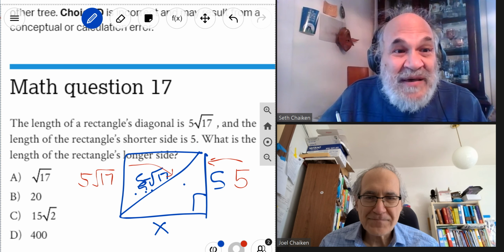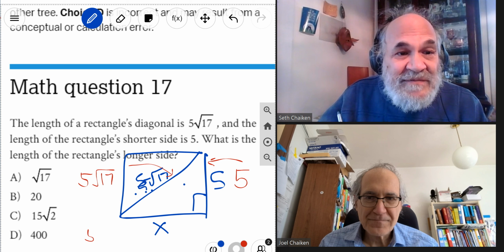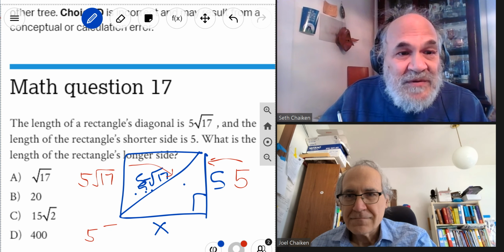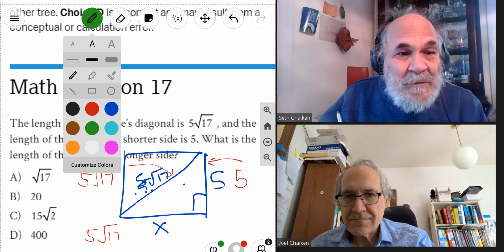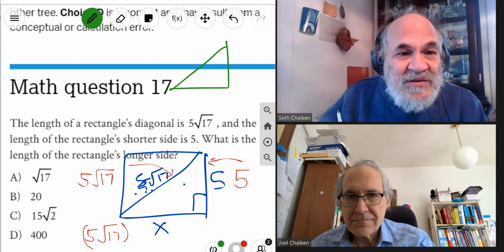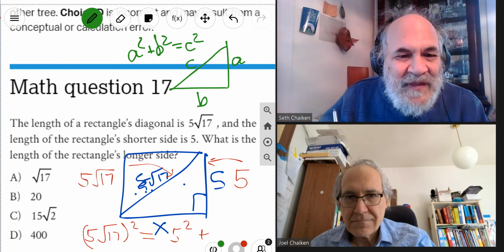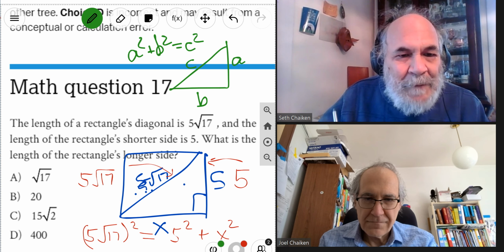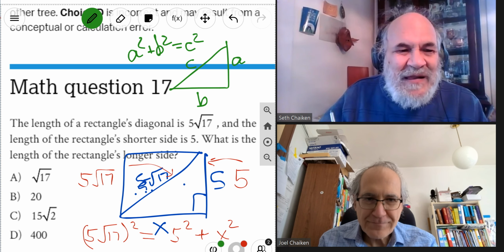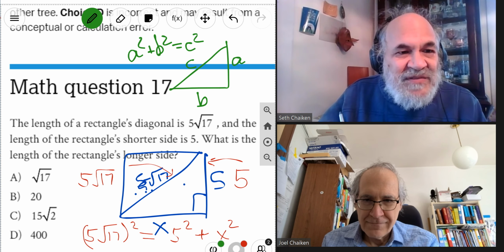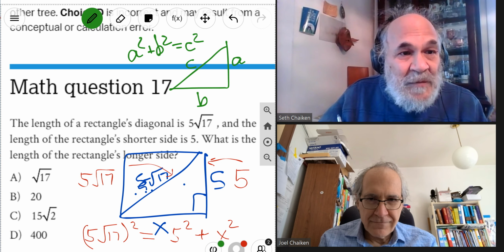And so let's write the Pythagorean theorem out in this case. 5 times the square root of 17, the whole thing squared, equals 5 squared plus x squared. Right. And now what is the length of the longer side?